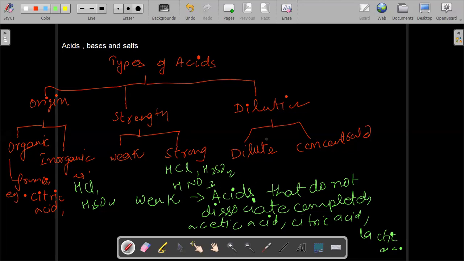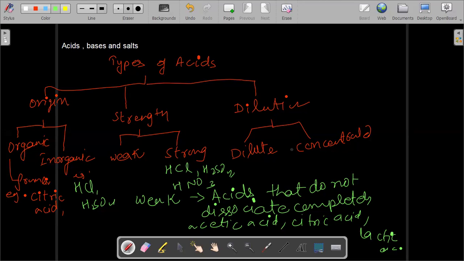Then dilute and concentrated. What are dilute acids? Sir, in a dilute acid, the acid contains a greater concentration of water. Yeah, it has a high percentage of water, so it is called dilute.